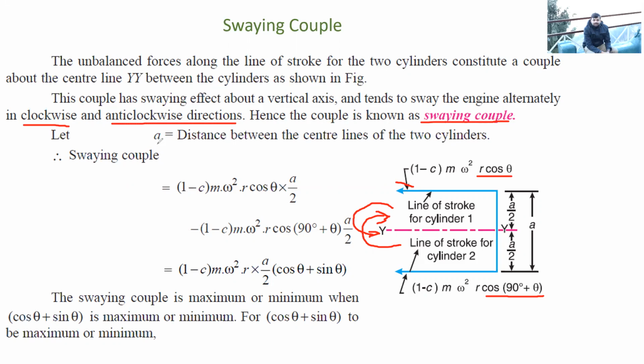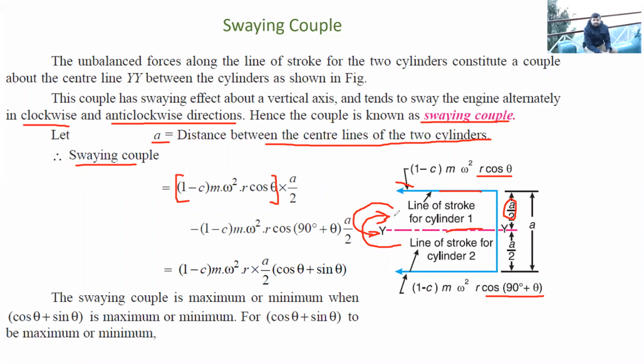And as I told you, this A is the distance between the center lines of the two cylinders. So the swaying couple would be this force, that is (1 - c) m omega square r, into A by 2. Why A by 2? Because this force is at a distance of A by 2 from this axis.